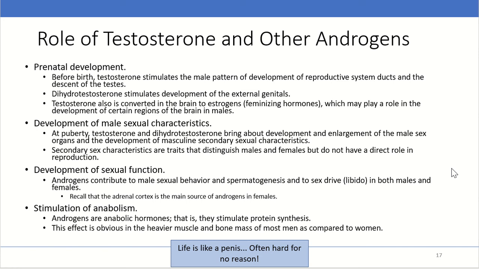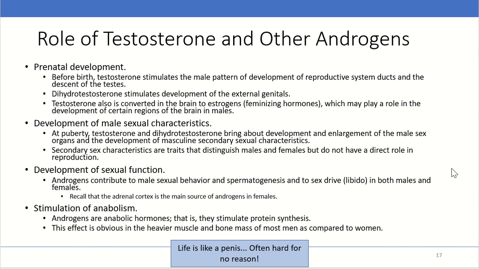Then another big role of testosterone and androgens in the body is the development of those male sexual characteristics. At puberty, testosterone and dihydrotestosterone are going to bring about the development and enlargement of the male sexual organs, as well as the development of masculine secondary sexual characteristics. This is things like increased height, increased bone mass, a deeper voice, and increased hair growth in other places.